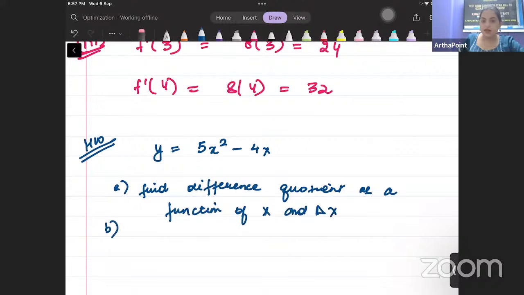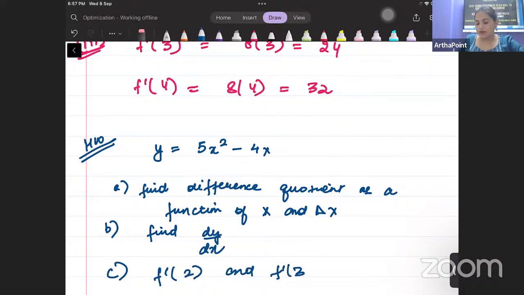Second part, find dy by dx. Third part, find f dash 2 and f dash 3. Please do this as your homework. I hope it is clear to you how we find the difference quotient and derivative.